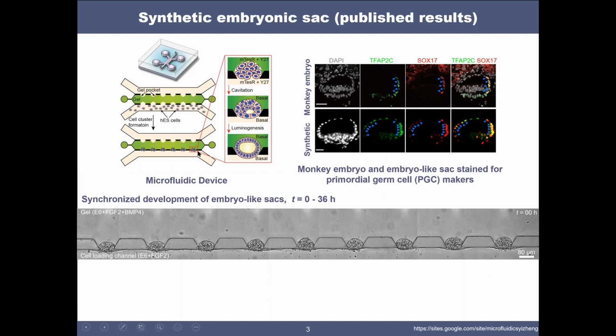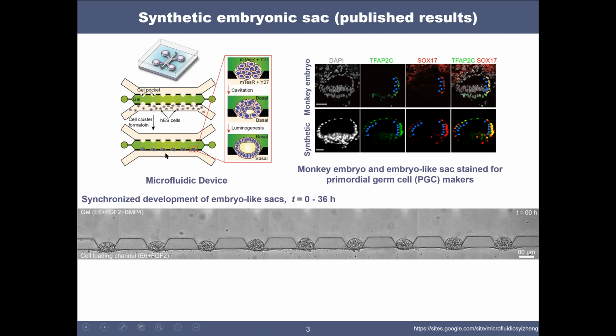I recently developed a synthetic embryonic sac model. The micro device is inspired by Professor Roger Kamm's angiogenesis devices. It contains 3 parallel channels, partitioned by supporting posts. The central channel is preloaded with gel, while the other 2 open channels are used for cell loading and chemical induction.